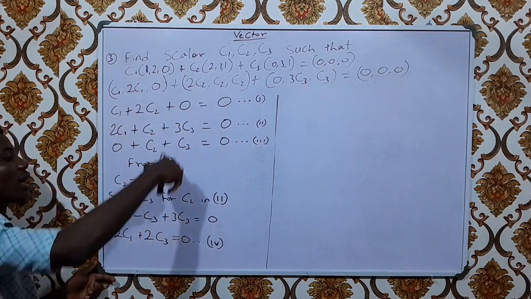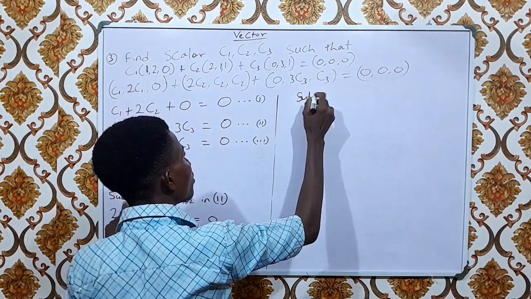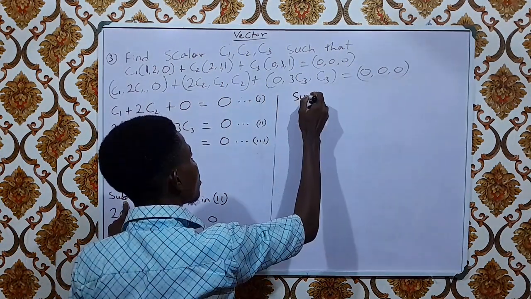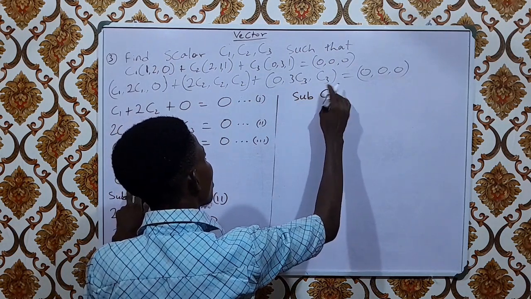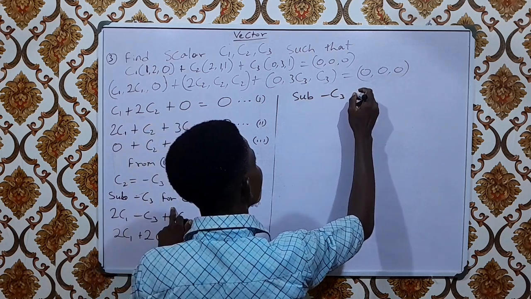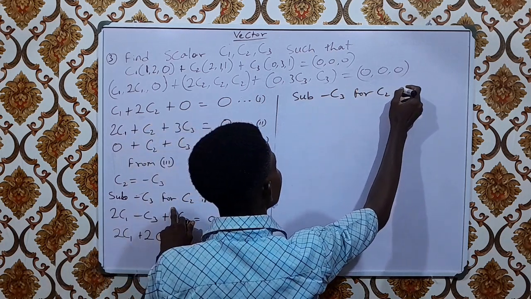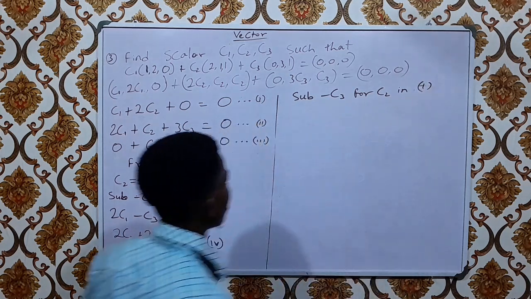Inside equation 1 again, we now substitute minus C3 for C2 in equation 1.